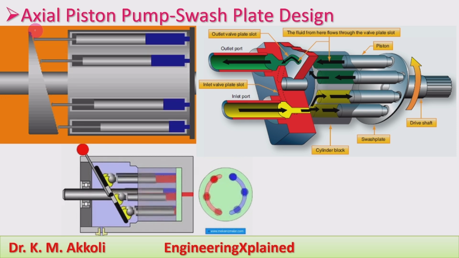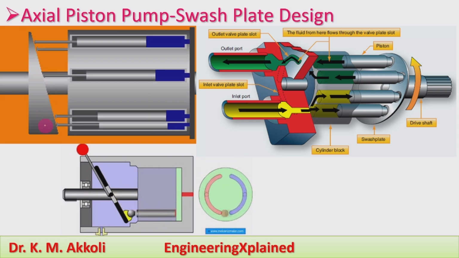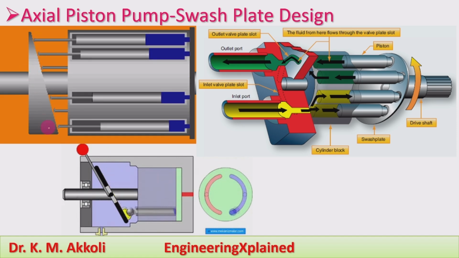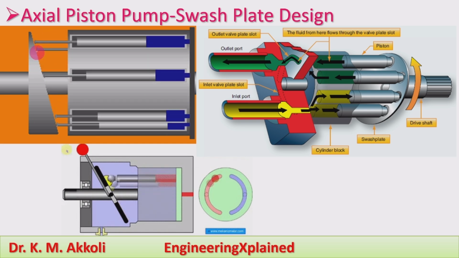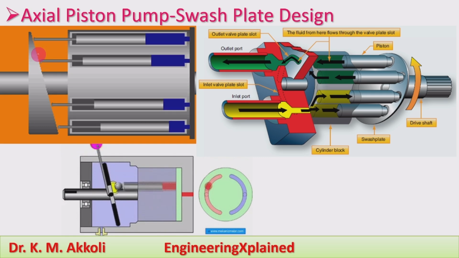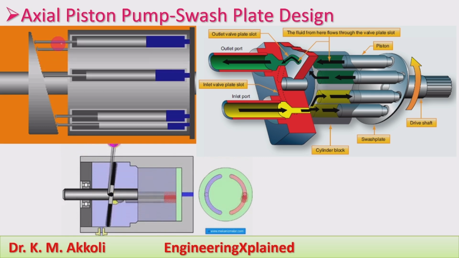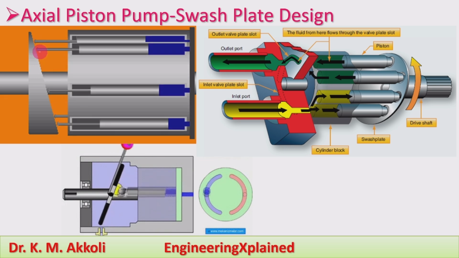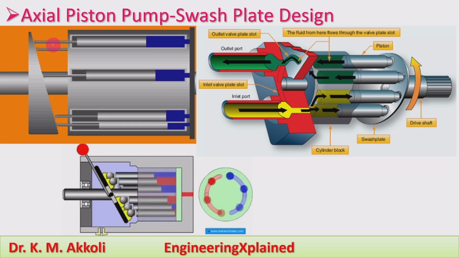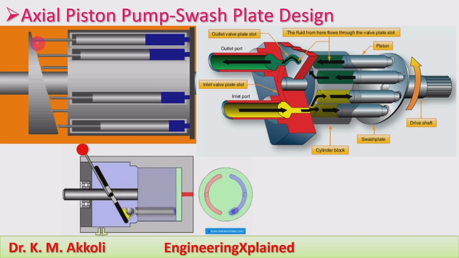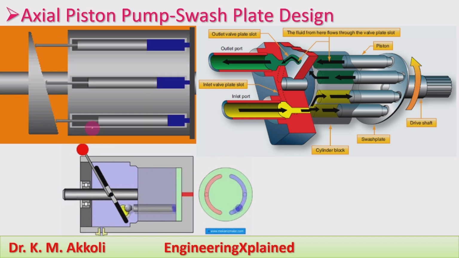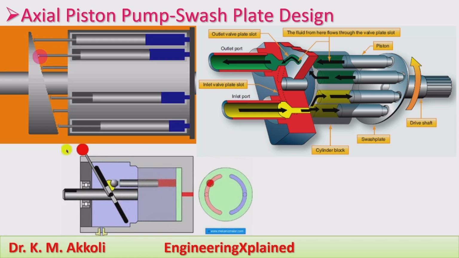Here we can see the swash plate. On that swash plate there is a circular plate, and inside that, slots are provided to connect the piston rods. During the rotation of the cylinder block, the connected piston rods extend and retract the pistons.